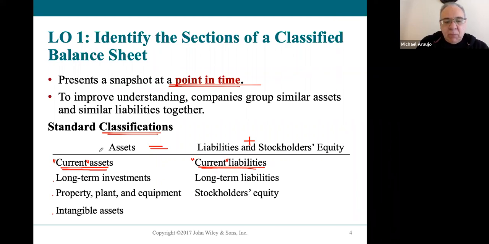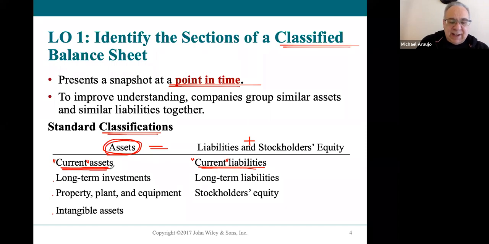So here we have current as one way to look at how we classify things on the balance sheet. Look at current as the same as short term, as the same as it's going to happen within a year. So again, our focus today, we're going to look at current assets in more detail.